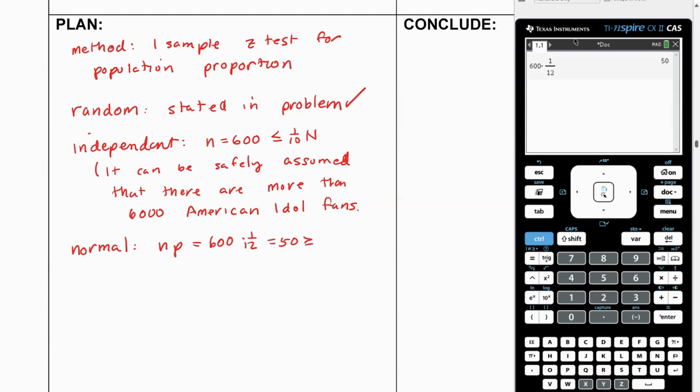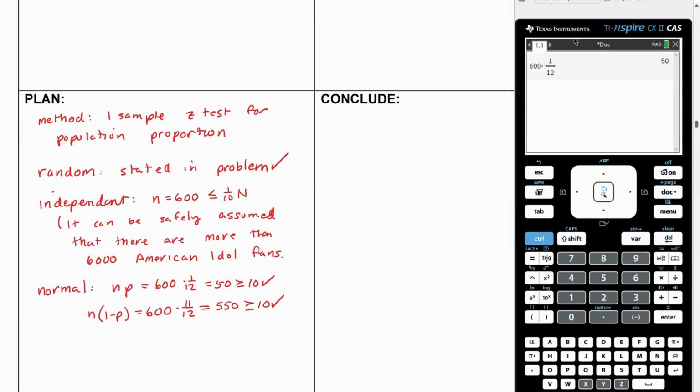And 50 is certainly greater than or equal to 10. N times 1 minus p is 600 times 11/12. And that should be 550, because the two numbers have to add up to 600. And then that number is also greater than or equal to 10. So we meet all the conditions for the test.